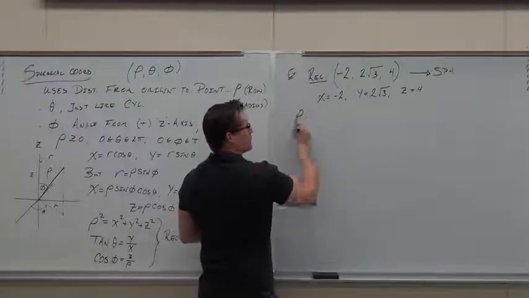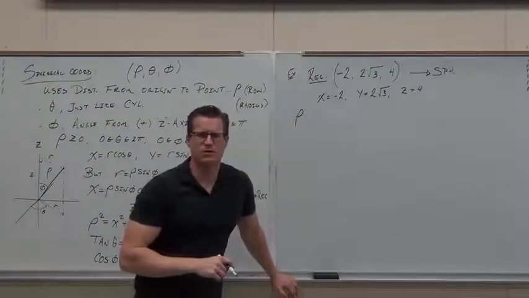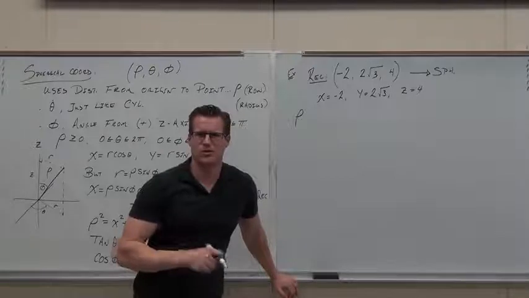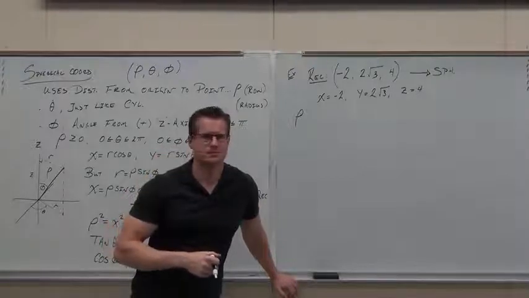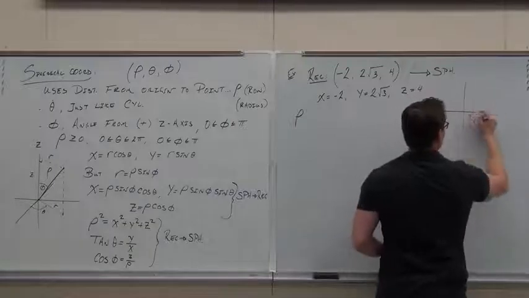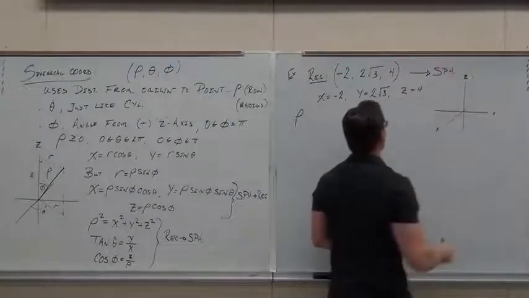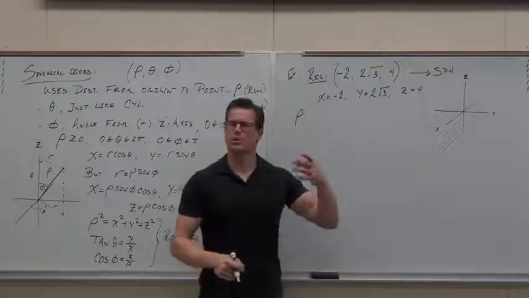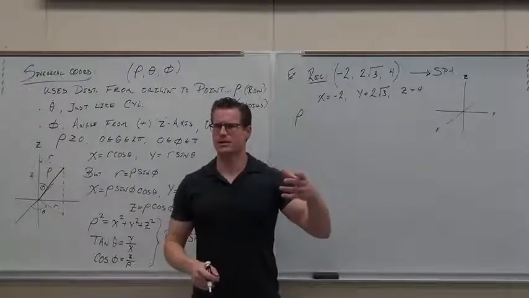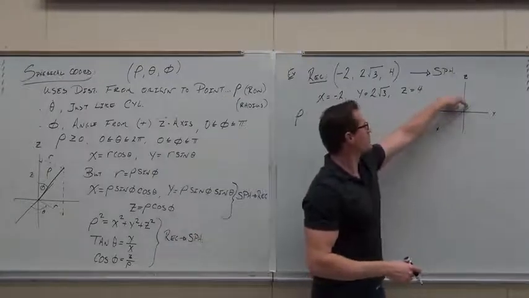So to find our rho, oh, you know what? I forgot something. I forgot the major part. Before we even do any of this work, what's important about it? What should we be thinking about at least? Where is it at? What quadrant is this in? Negative x pushes us back.